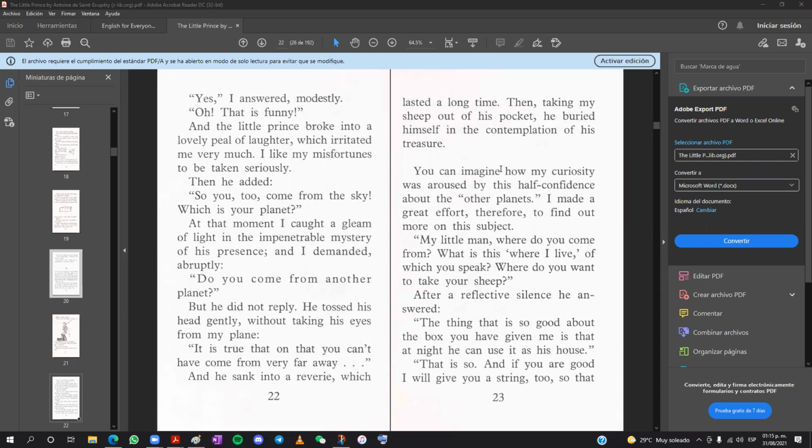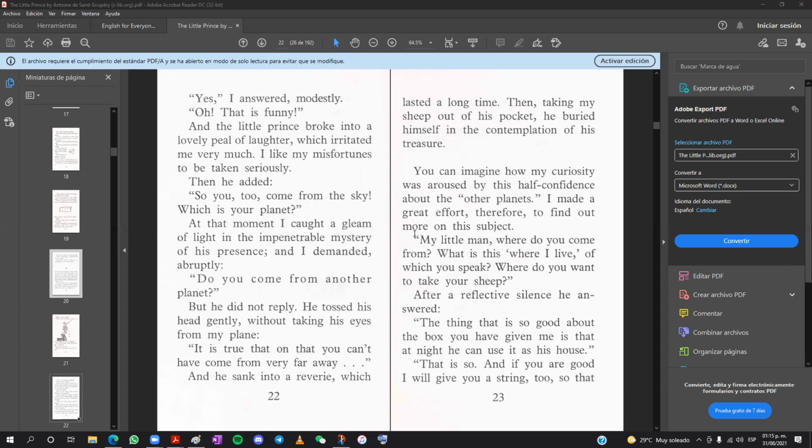Pueden imaginar cómo mi curiosidad estaba despertada por esta medio confidencia sobre otros planetas. Hice un gran esfuerzo, entonces, por averiguar más sobre este asunto.